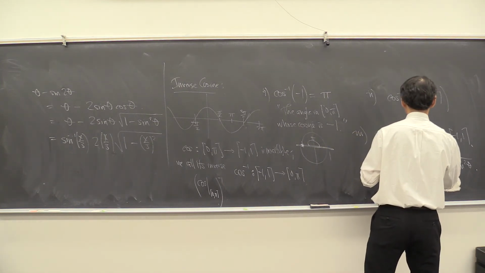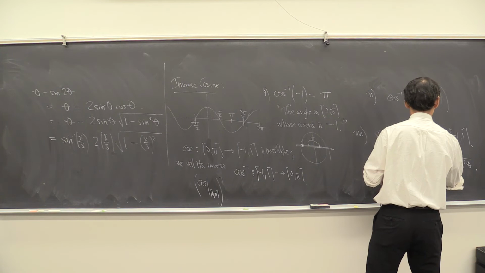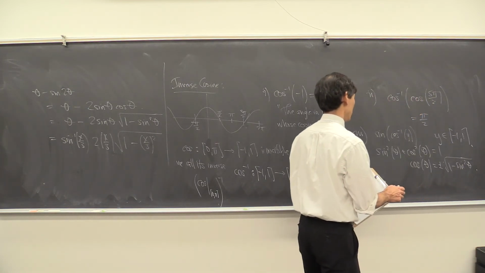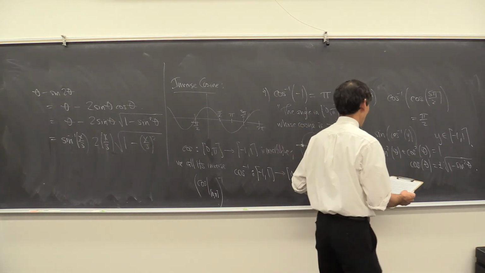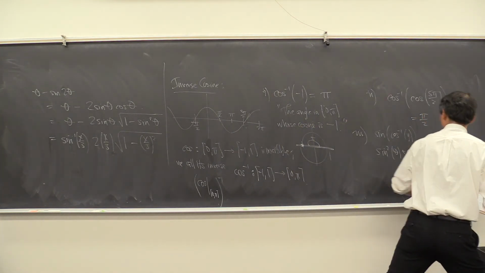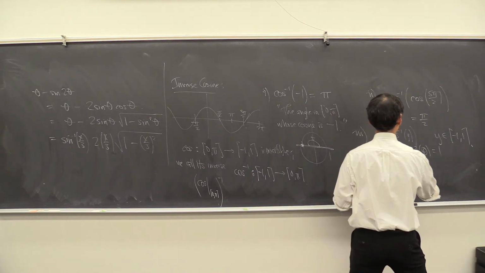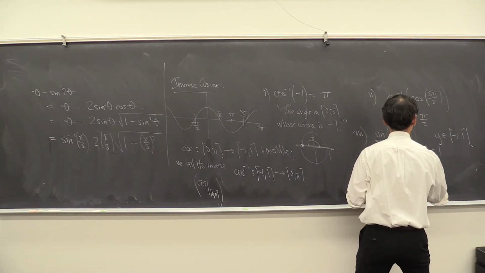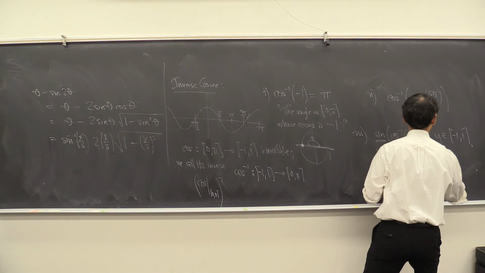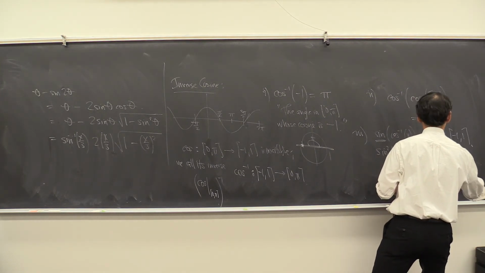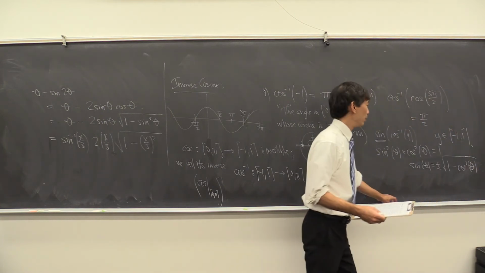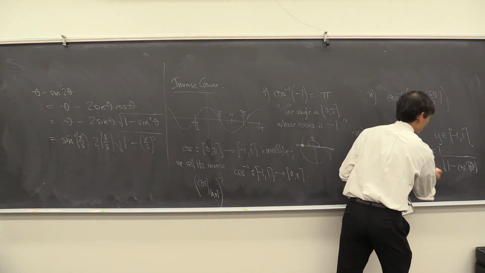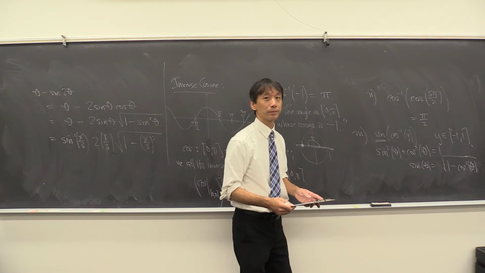Whoops. Sorry. I've got it backwards. We want the sine of something. Sorry. Sine is, of course, plus or minus the square root of 1 minus cosine squared. And as we just said, it's going to be positive.